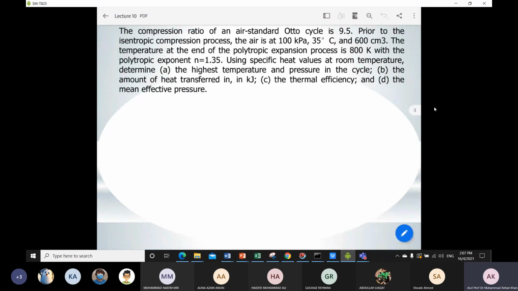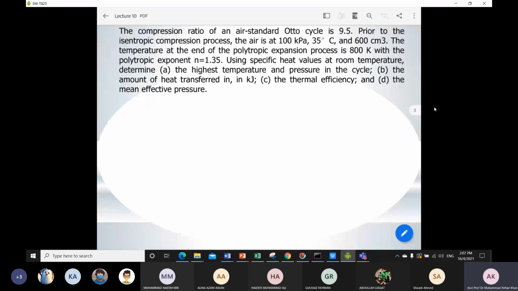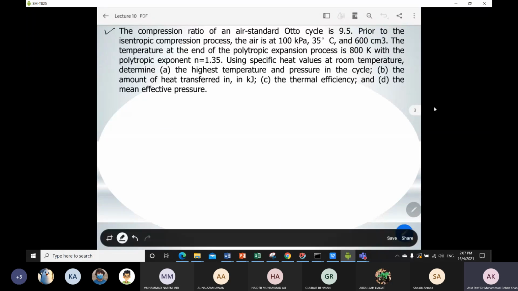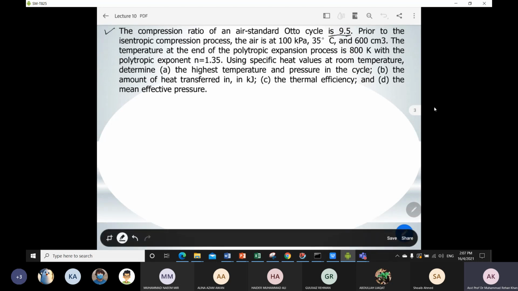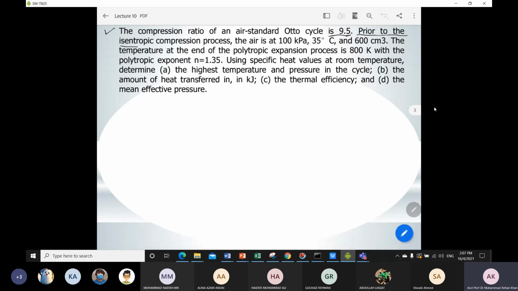Okay, so here is the problem which is related to your polytropic process. If you can just read it: the compression ratio of an air standard Otto cycle is 9.5. So here the compression ratio, which is your ratio of maximum volume over minimum volume, is given in your question. Prior to the isentropic compression process, the air is at 100 kilopascal, 35 degrees Celsius and 600 centimeter cube.